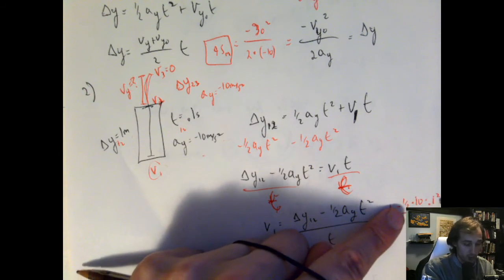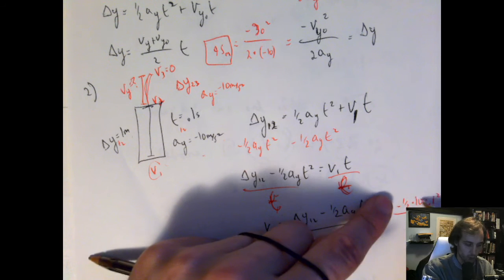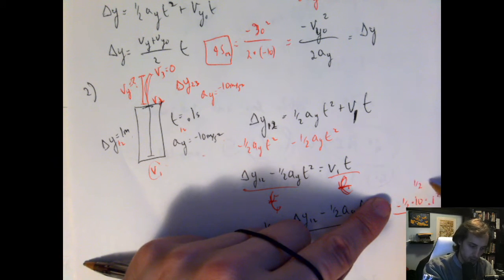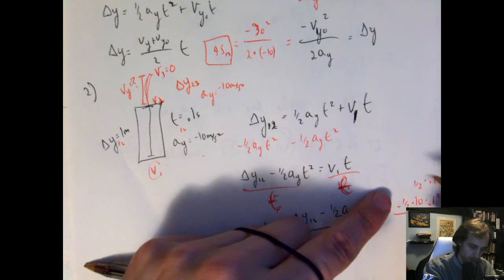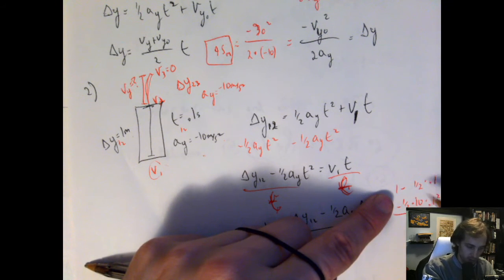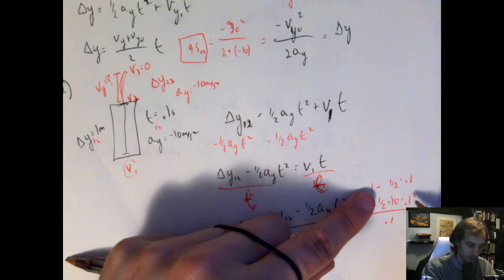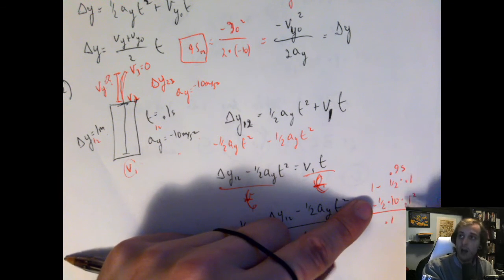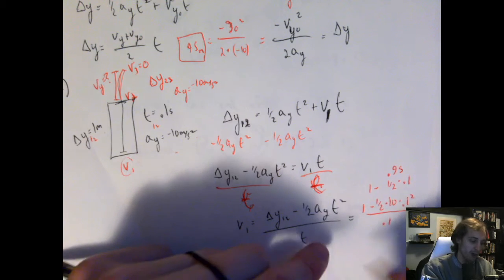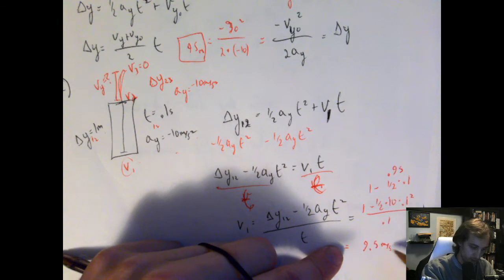10 times 0.1 squared is going to be 0.1. So 1/2 times 0.1. 1 minus 1/2 times 0.1 is going to give us 0.95. 0.95 divided by 0.1 is going to give us 9.5 meters per second.